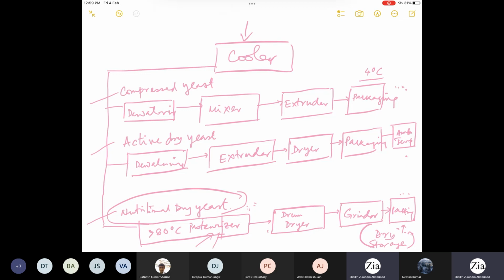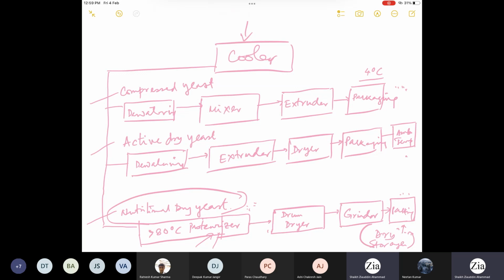When you keep anything in dry form, the longevity of that material will increase, because for growing bacteria or fungi or any other biomass, they require a certain amount of moisture. If water activity is not present, the cell will not be able to sustain. So on any dried substance, you will not be able to grow any other organism. And wherever you have growth of another organism on bread, that means your bread will get spoiled.